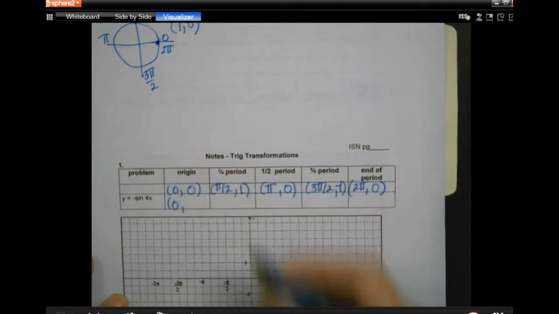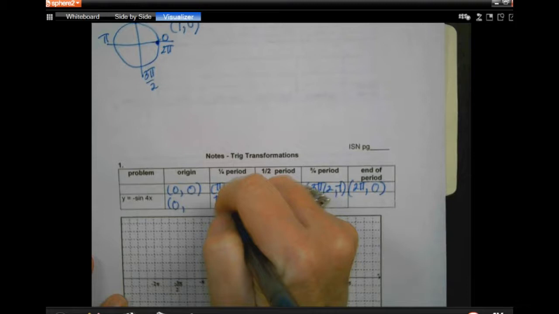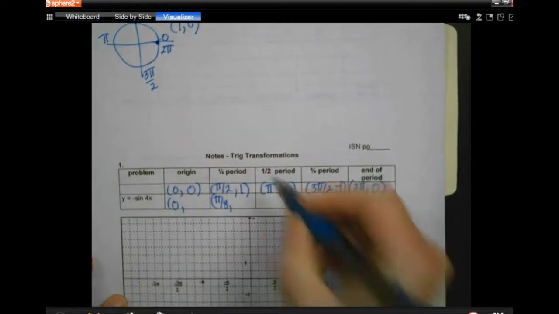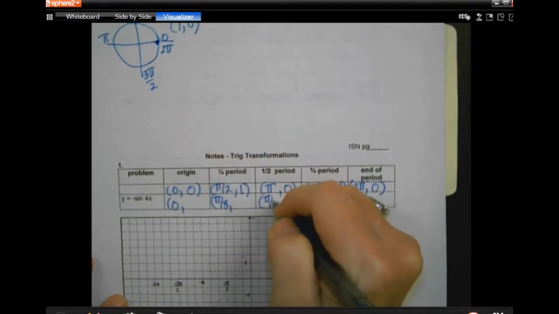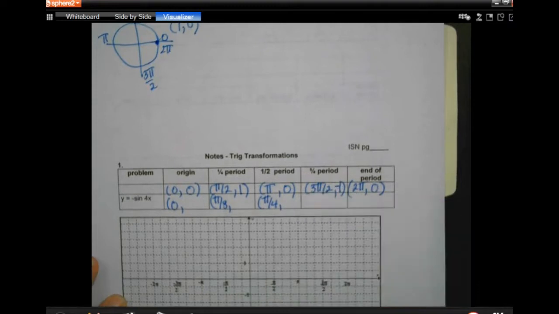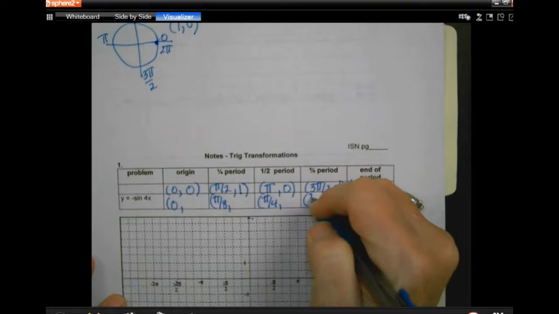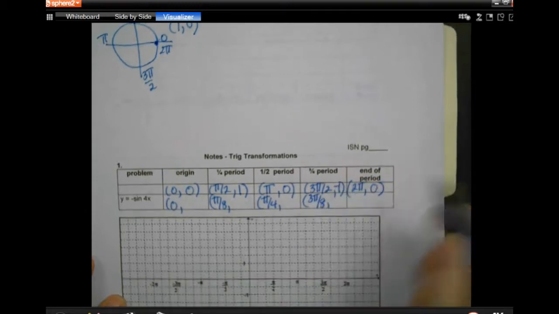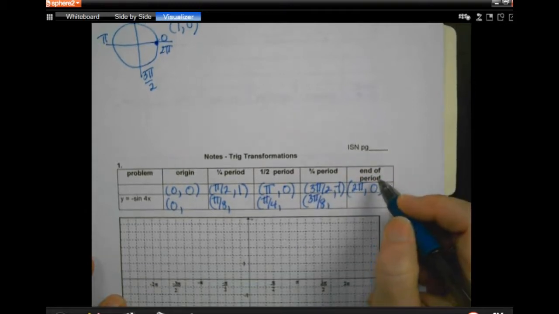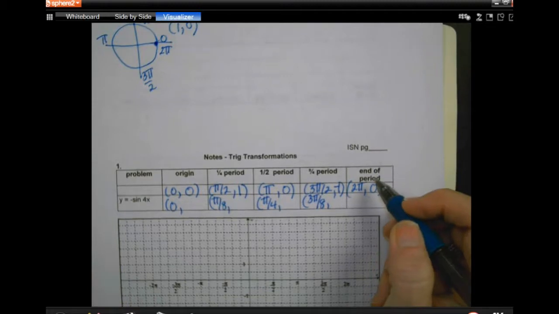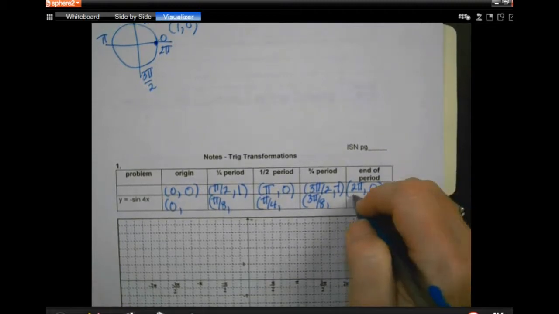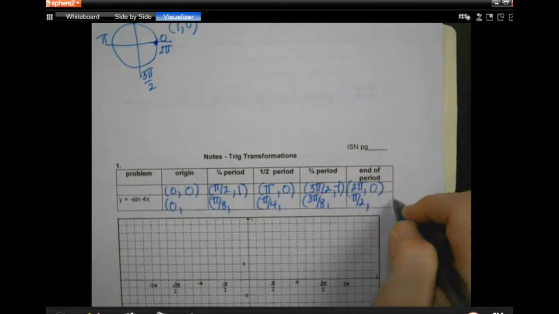Pi over 2 divided by 4 is pi over 8. Pi divided by 4 is pi over 4. 3 pi over 2 divided by 4 is 3 pi over 8. So 2 pi divided by 4 gives me pi over 2.